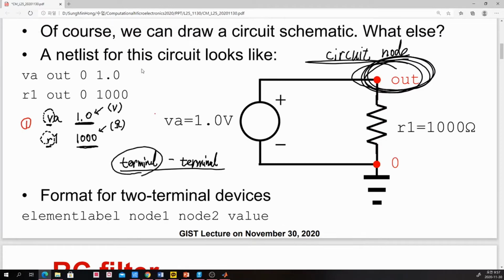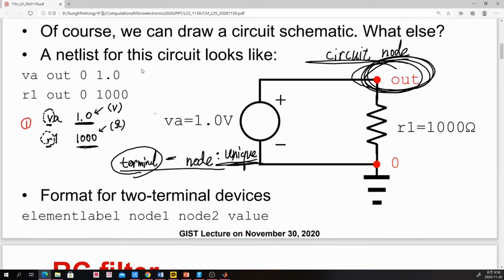Whether this terminal is connected to the other terminal, that is the original meaning of connectivity. However, instead, we just introduce an intermediate instance called a node, and now the terminal to node relation becomes unique.